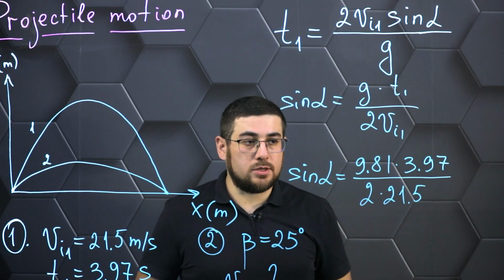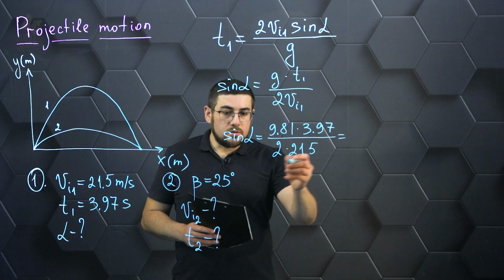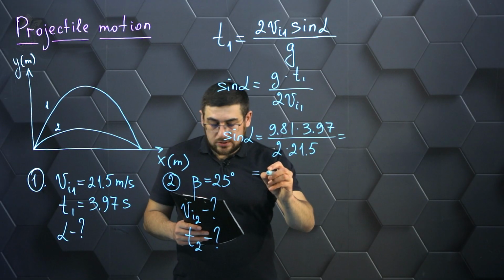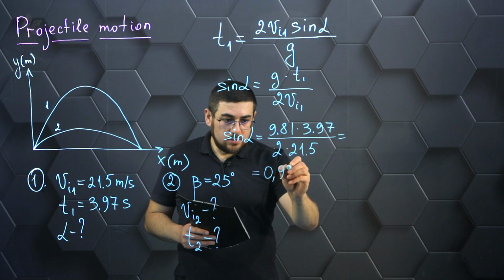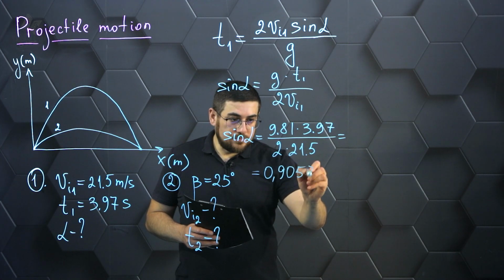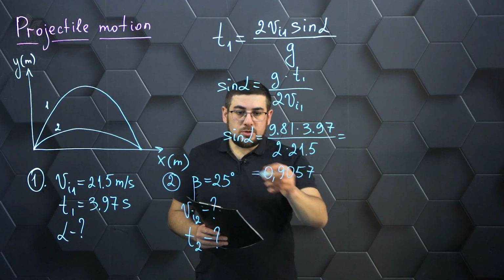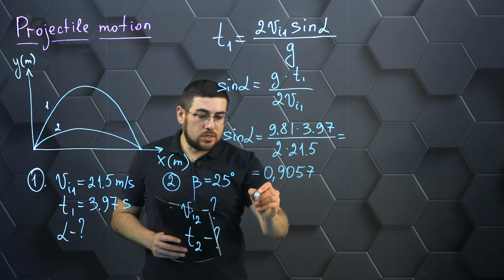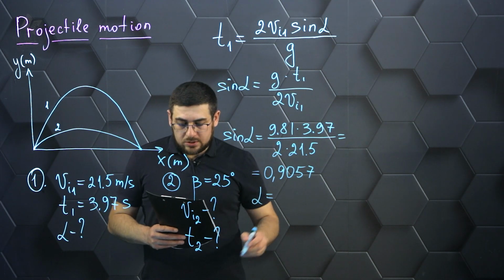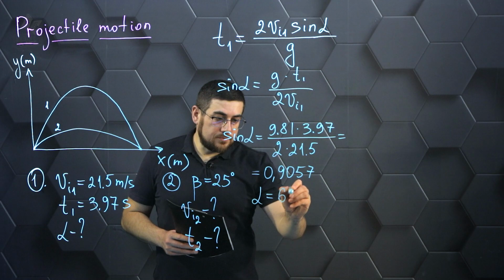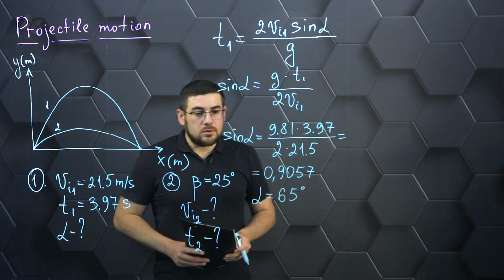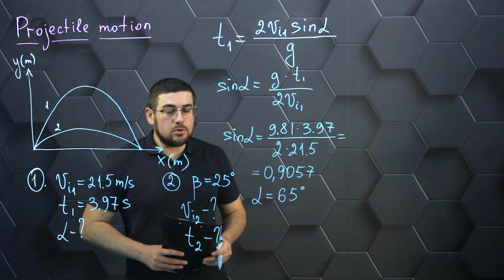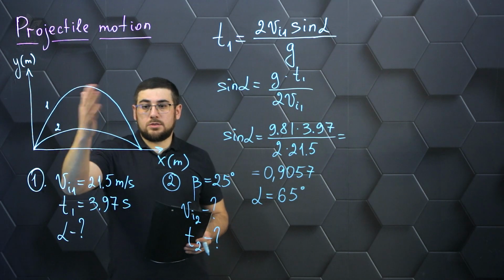Actually, sine alpha is just some dimensionless number. So, this sine value is 0.9057. And if we calculate the angle for this sine value, this angle will be 65 degrees. That is, this is the angle at which the throw was made in the first situation.